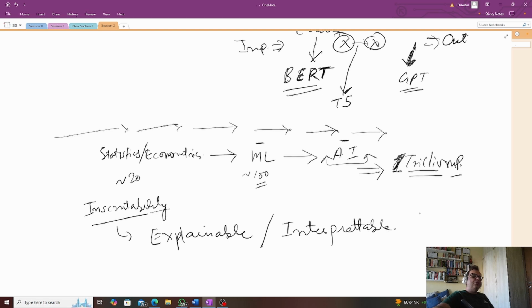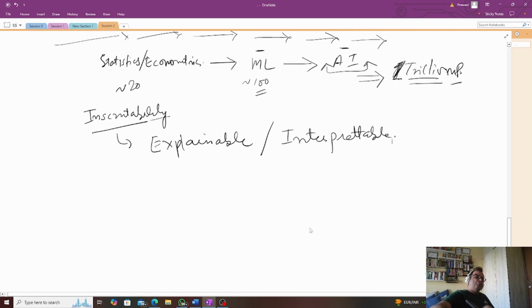These two terms may sound similar, but the difference is that explainability refers to explaining the decision after it has been made.